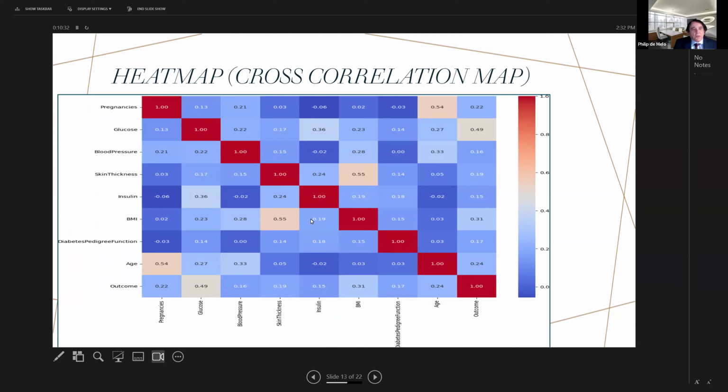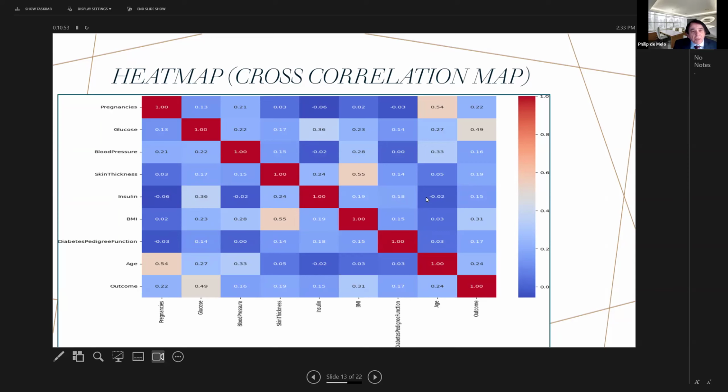Another important thing is to build this heat map. In data science, it's very important that the heat map shows correlation between different features, for example, outcome, age with pregnancies, BMI, how it correlates with blood pressure, and so forth.